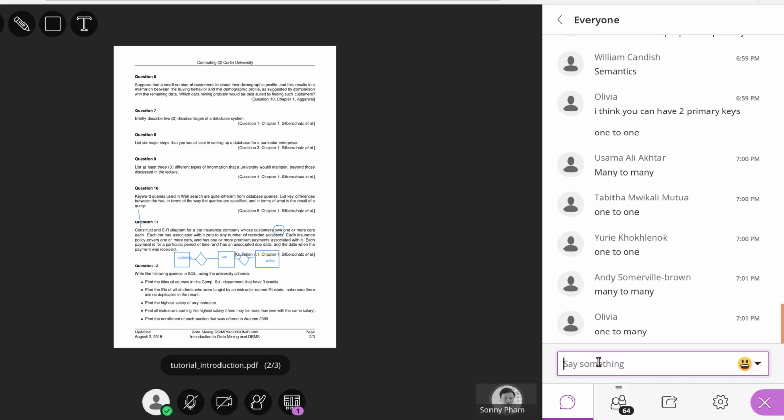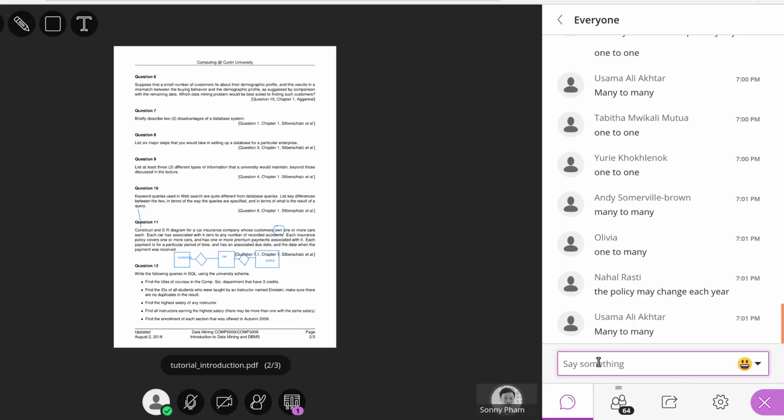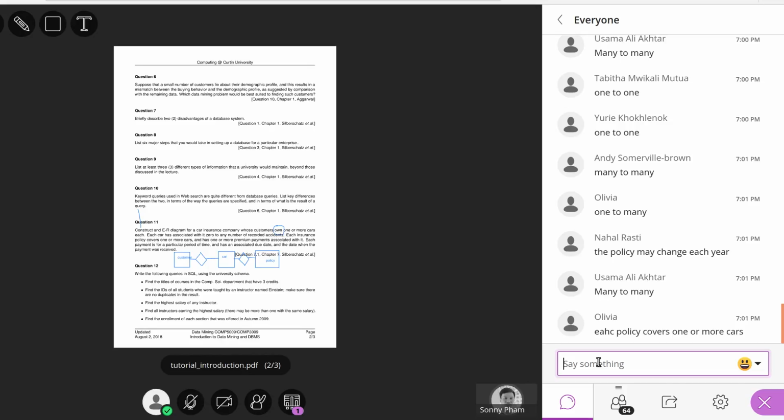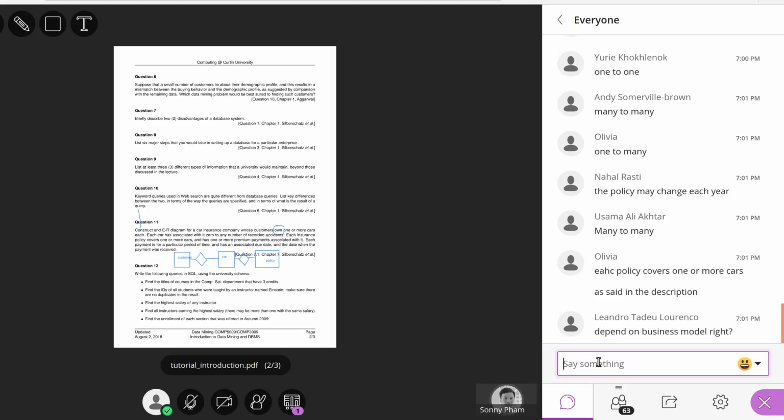I have a couple of answers there. Definitely, each policy will cover one or more cars, right? Exactly. One policy can cover one or more cars.